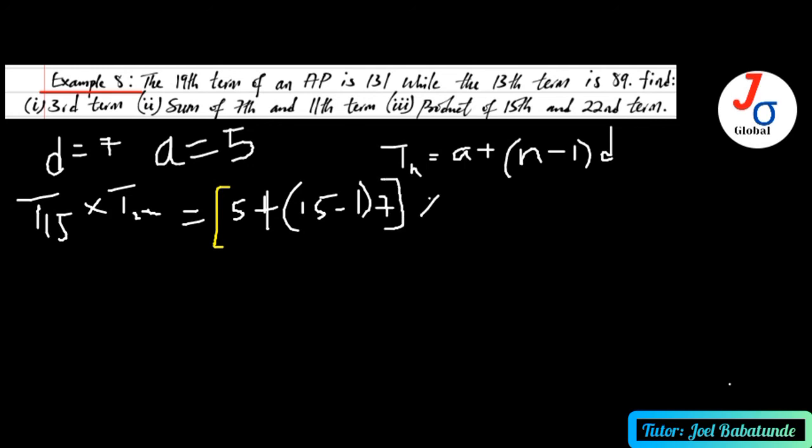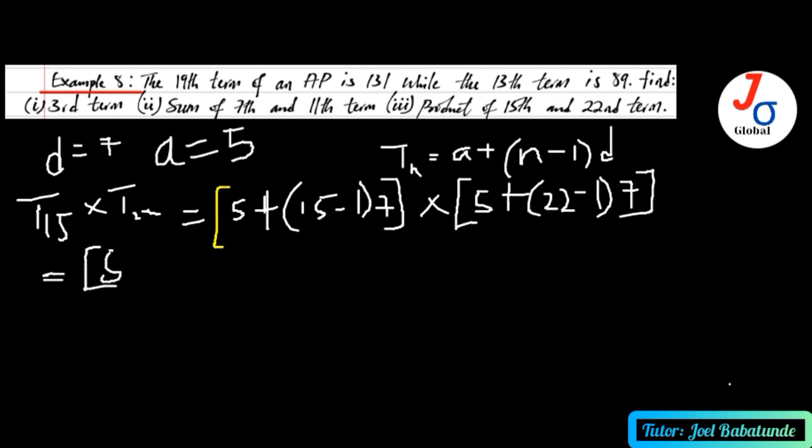Then multiplied by T22, using the same formula: the first term is 5, plus 22 minus 1, since that's what we're considering, and the common difference is 7. Then close up the bracket.